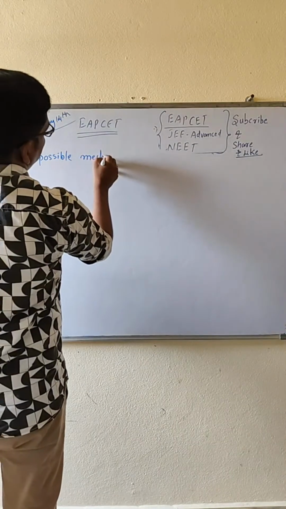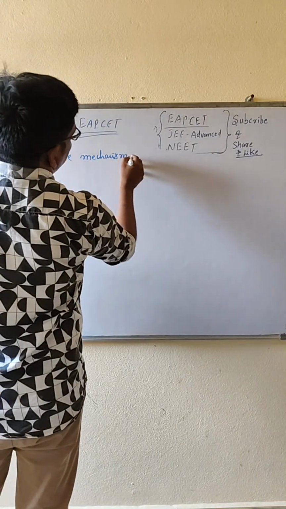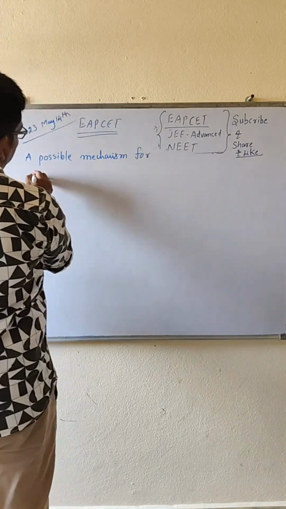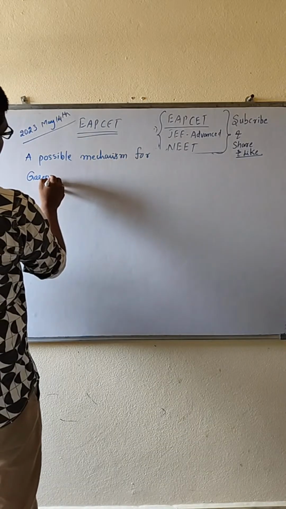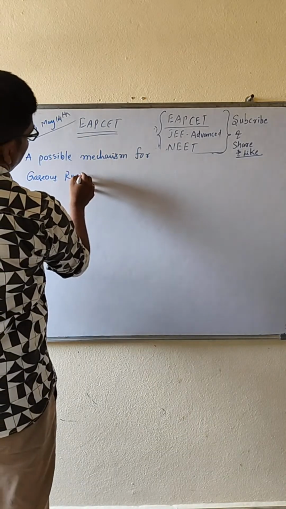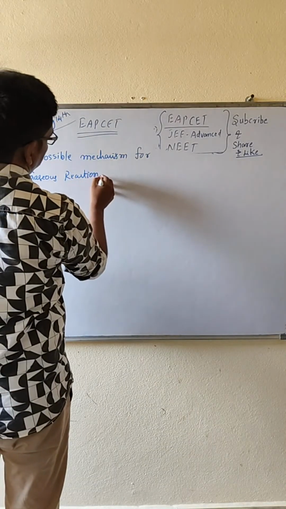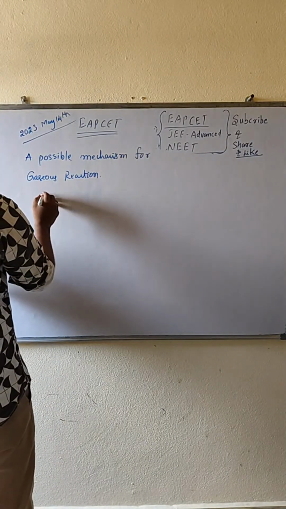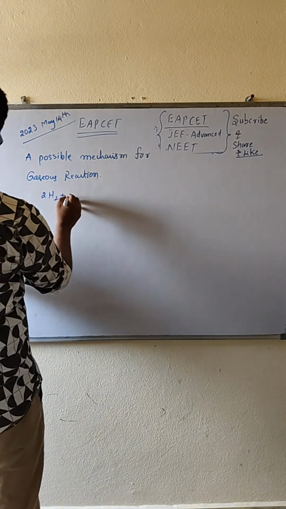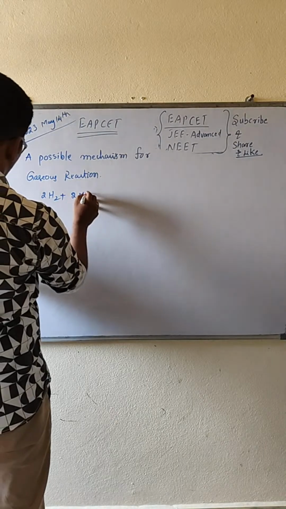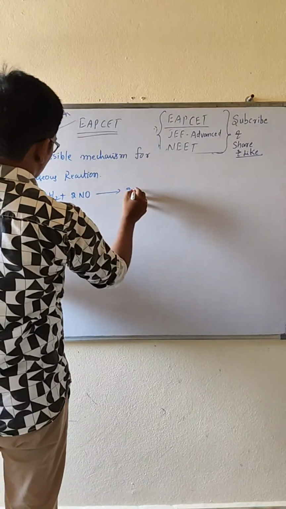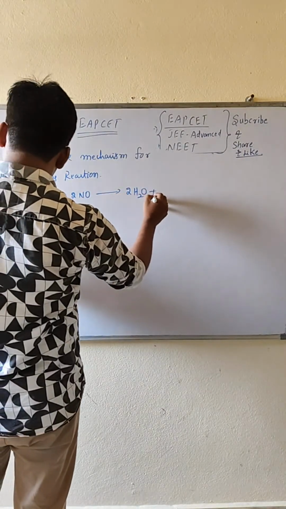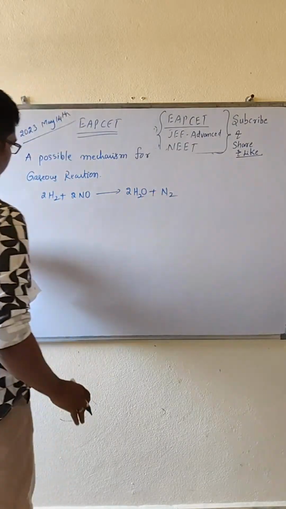A possible mechanism for gaseous reaction. That is mentioned: 2H2 plus 2NO gives rise to 2H2O plus N2. This is given.